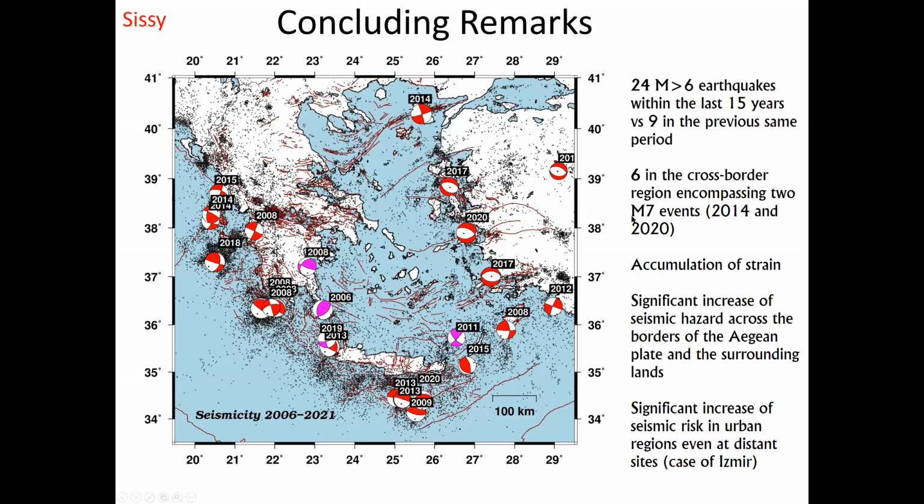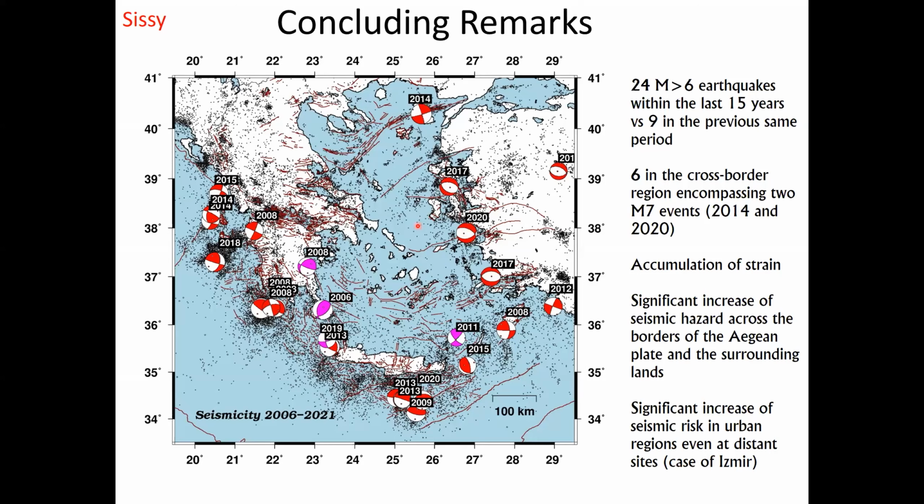There are 24 earthquakes with magnitude over 6, and you see them all around here. What is important is that we have 6 earthquakes in the cross-border region with Turkey. You see them, and this area encompasses two magnitude 7.0 earthquakes, the 2014 earthquake and the 2020 one.